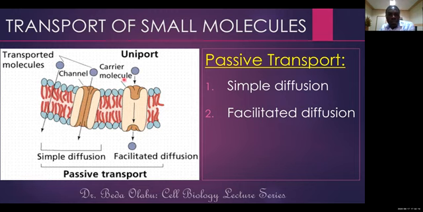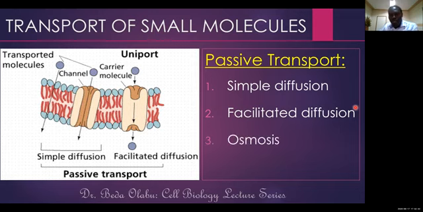It might need some molecule to carry it, to push it through along its concentration gradient. When molecules are pushed by something else, but along their concentration gradient, then you call that facilitated diffusion. It is diffusing, but it's being helped to diffuse through.